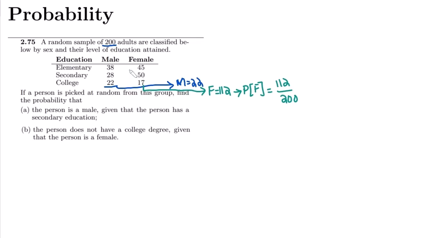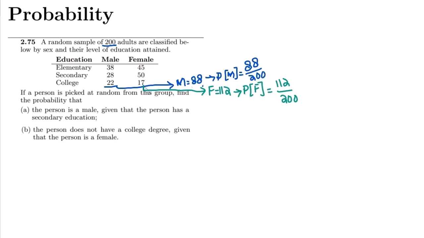Sorry, 38 plus 28 plus 22 is 88. Now in order to find the probability of the male, I have to write the number of male individuals divided by the total number of individuals, which is 200. So that would be 88 by 200.